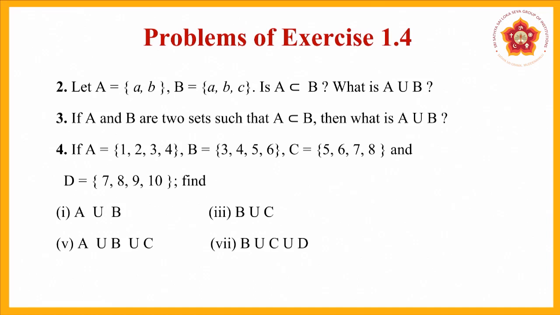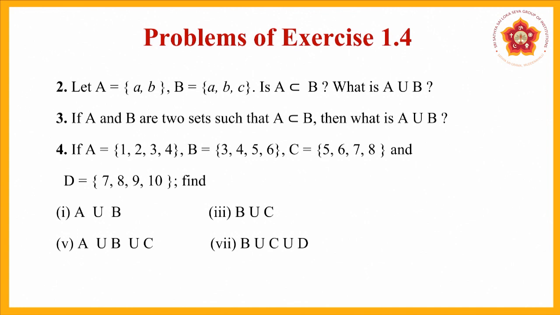Problem number 2. He says A equal to {a, b}, B equal to {a, b, c}. He is asking, is A a subset of B? We have studied subset in the last class. What is the definition of a subset?